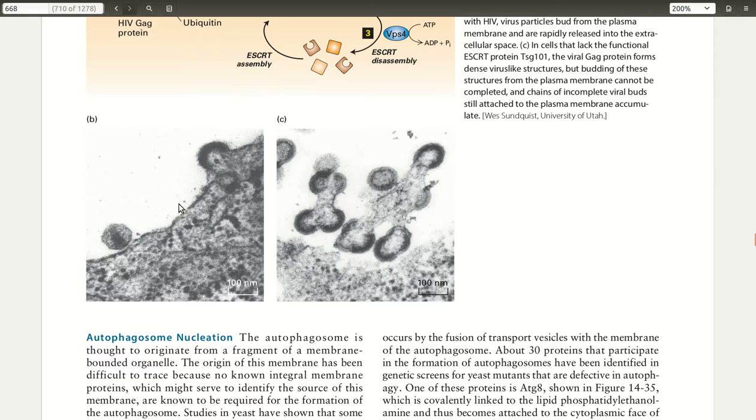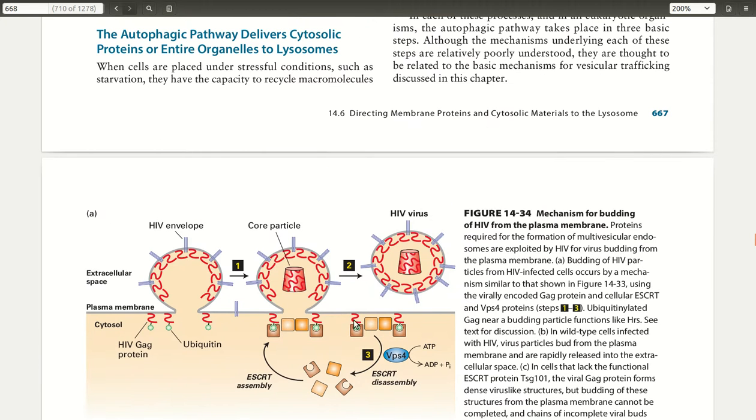And from these images we could see that in a normal cell you have budding of the HIV capsule, and then the actual complete pinching off of the completed HIV virus through this complex here, the ESCRT assembly.